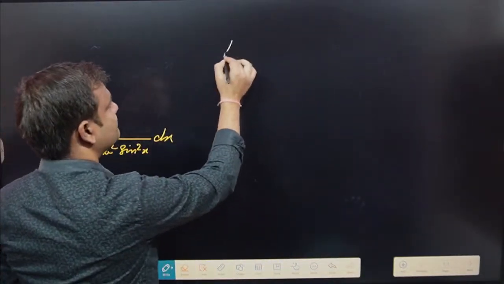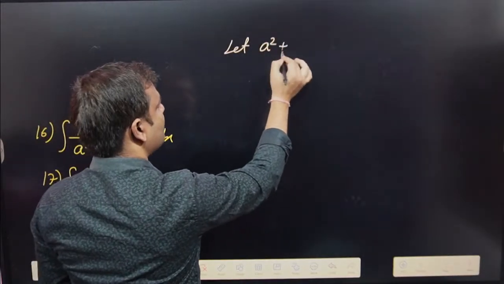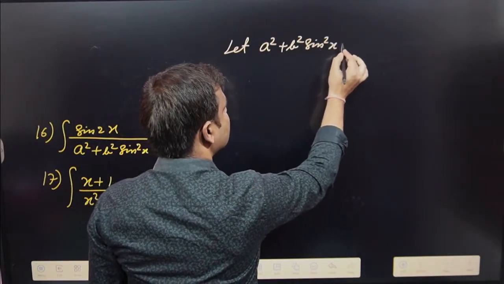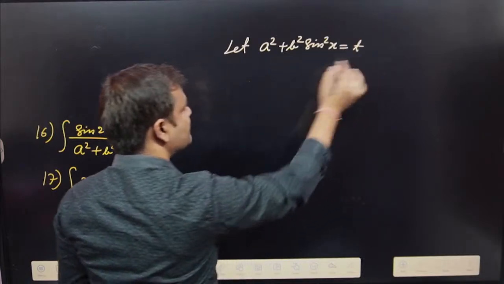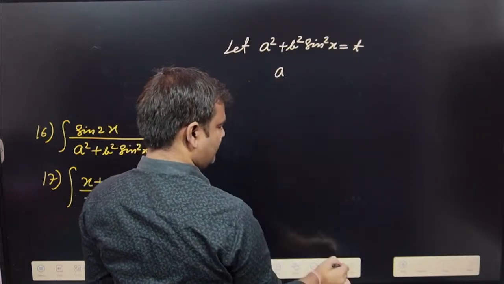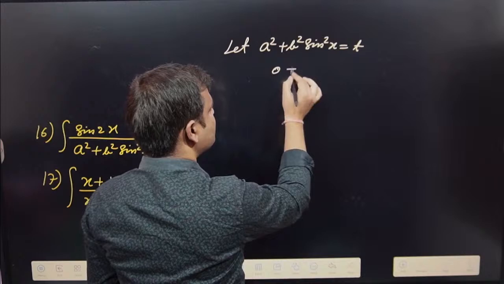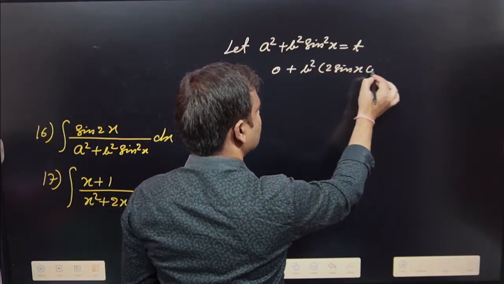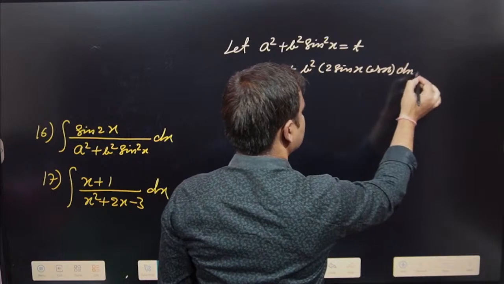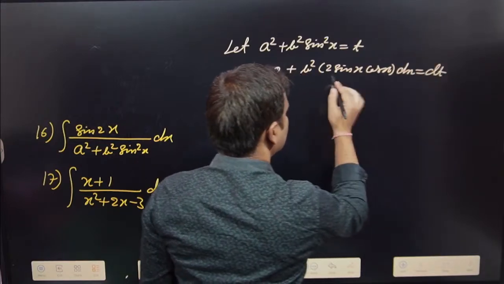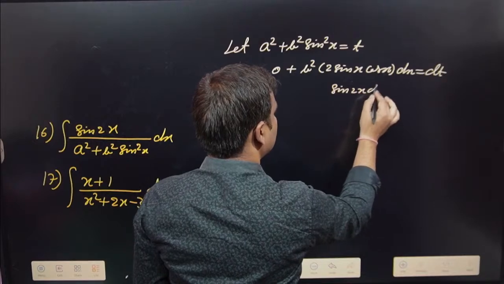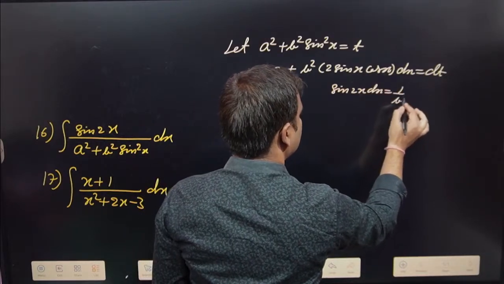Let a square plus b square sin square x be equal to t. If we differentiate both sides, then 0 plus b square, here 2 sin x into cos x dx, is equal to dt. So sin 2x dx is replaced by 1 by b square into dt.